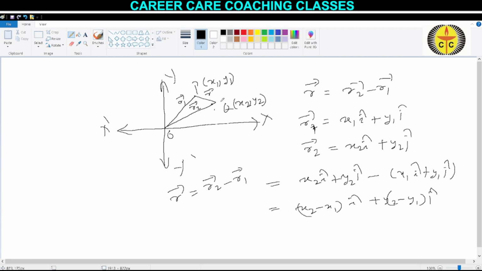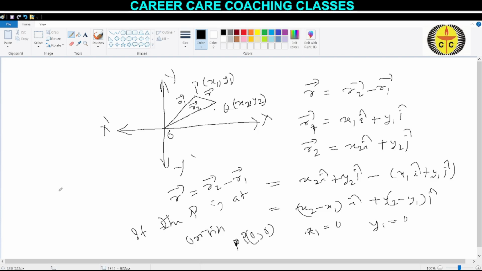P would be 0, 0. That means x1 is 0 and y1 is also 0.